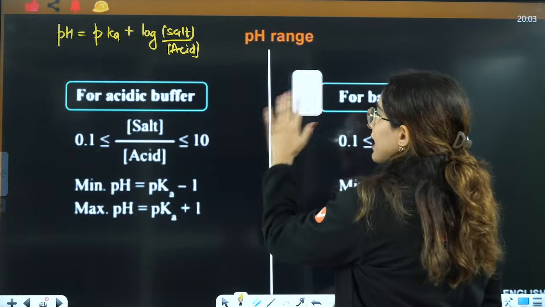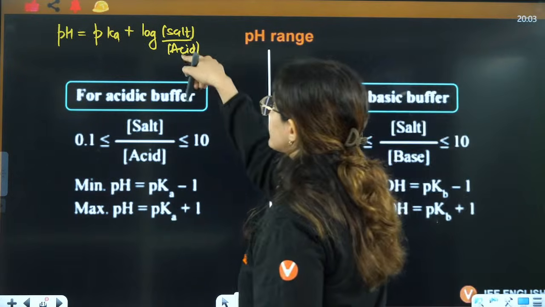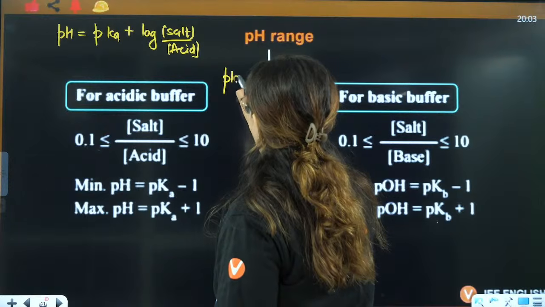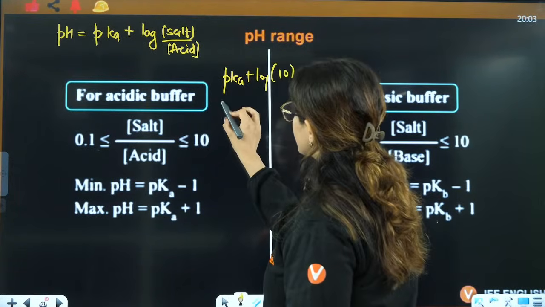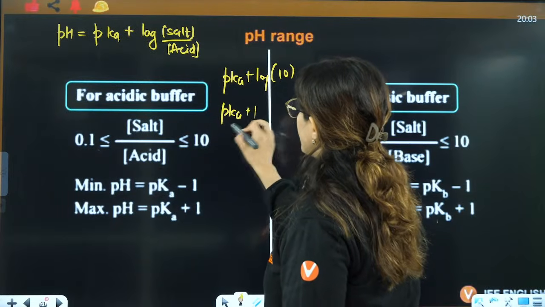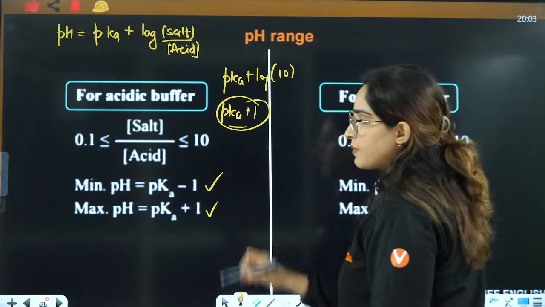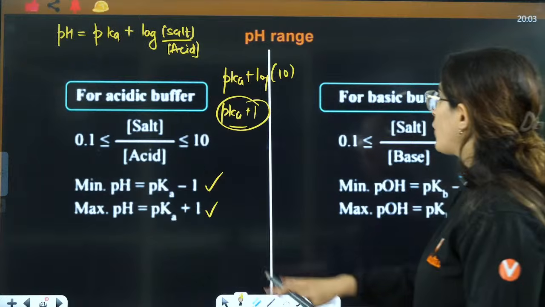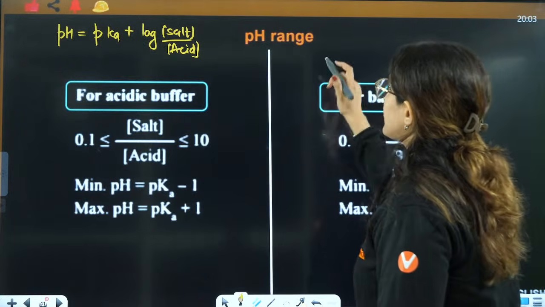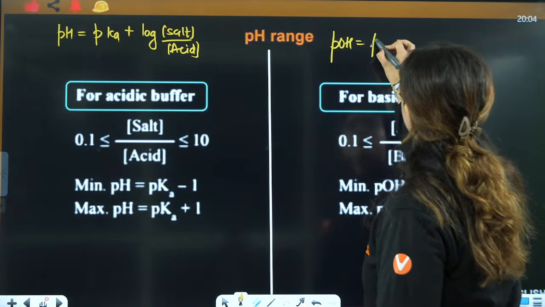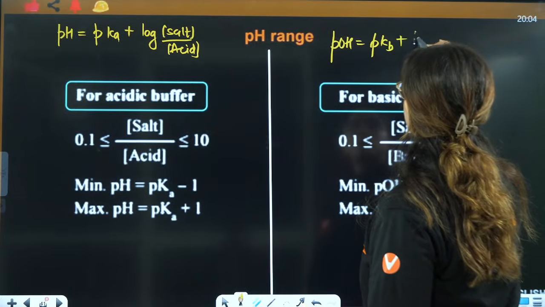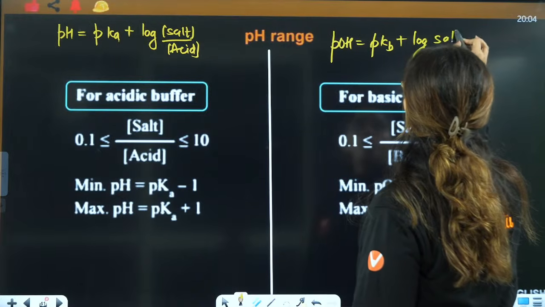The maximum is this value. If I put this ratio here, pKa plus log of 10, and log of 10 is nothing but 1, so it is pKa plus 1. Isn't it the maximum value, right? Now see this here. pOH is equal to pKb plus log of salt by base.